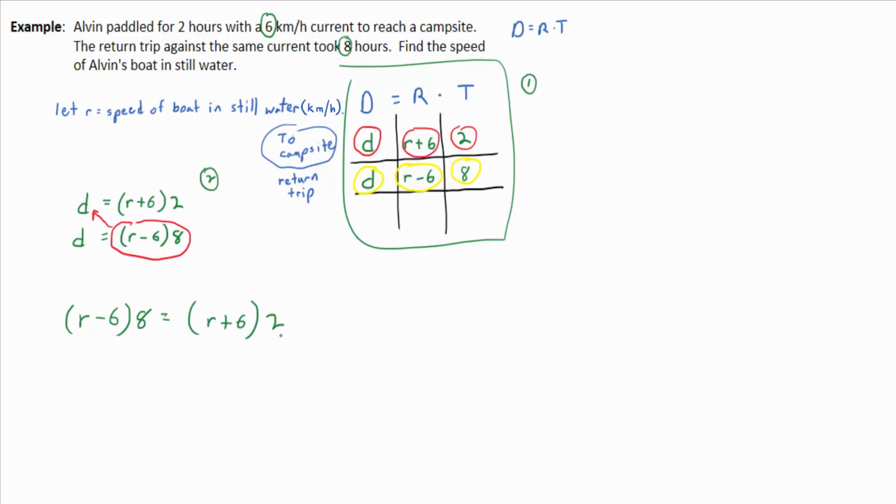The long way to do this problem would be to distribute the 8 and distribute the 2. Distribute the 8 on the left side, 2 on the right side. But there's an easier way, especially because 2 goes into 8 evenly. What could you do to both sides? To solve this a little bit more quickly, you could divide out the 2.